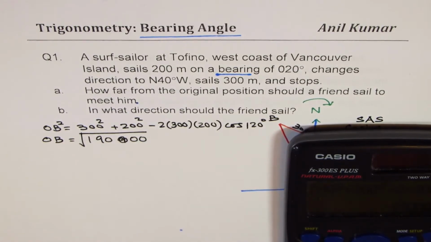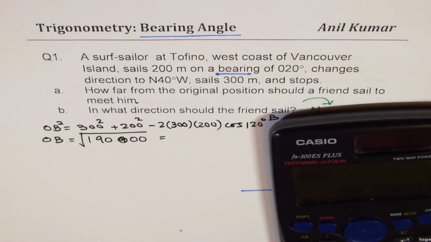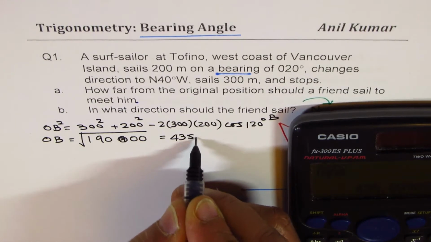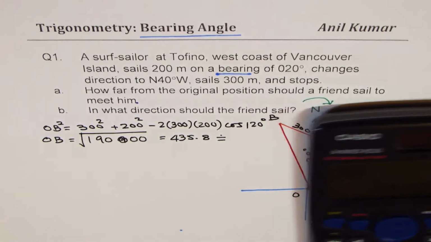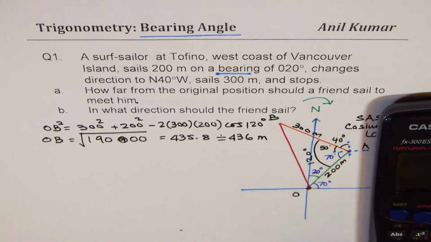It gives us a value which is 435.8, which we can approximate as 436. The units are meters.